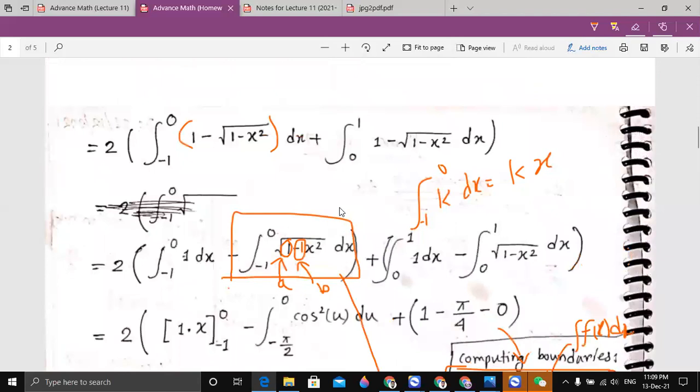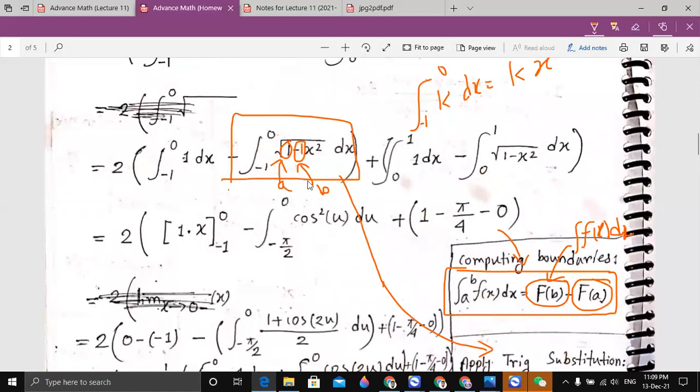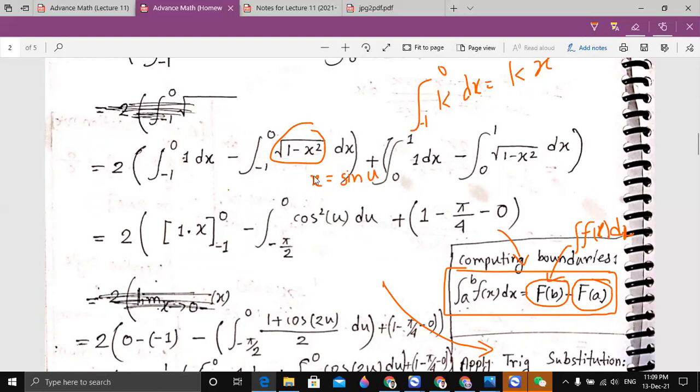So we get here sine u. Let me write it down. For this part, using trig substitution, we can write x is equal to sine u.